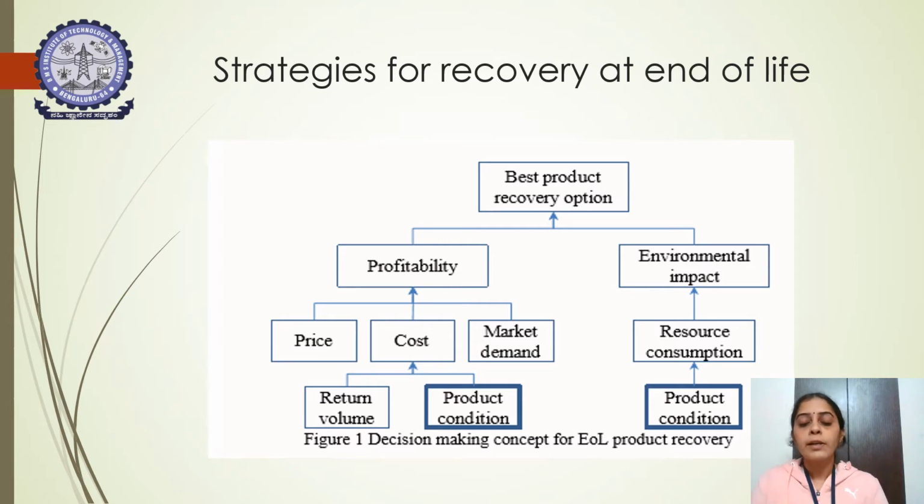So the product condition will be tested in two different ways: based on the material in which it has been manufactured, is it eco-friendly or not, and also based on the profitability of the product.